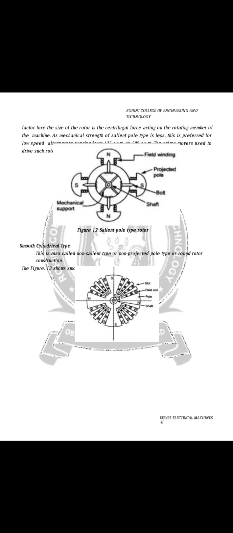The working principle of the synchronous generator. The alternator works on the principle of electromagnetic induction: when there is relative motion between the conductor and the flux, an EMF gets induced in the conductor. The DC generator also works on the same principle.